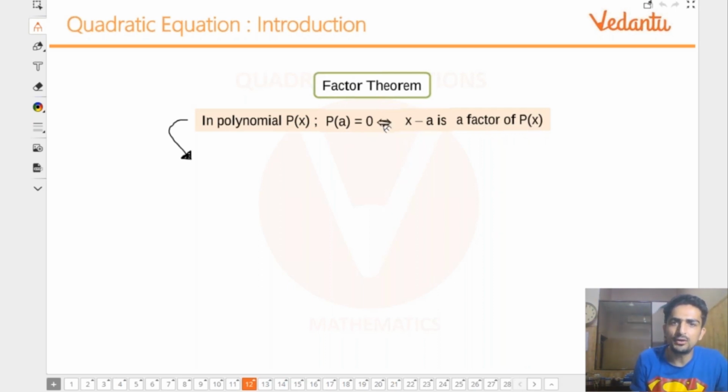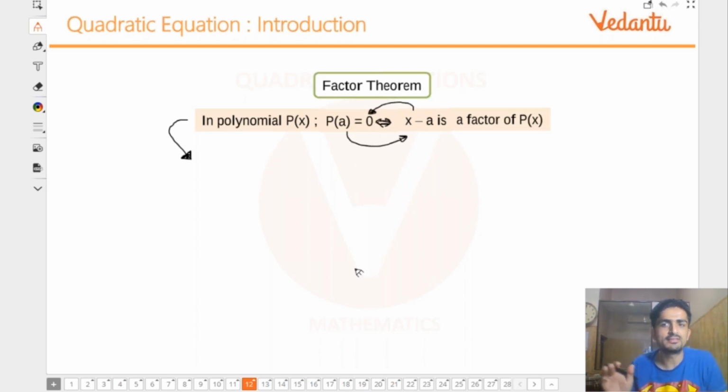Of course, it is if and only if. If and only if means this implies this and this implies this. In polynomial P of x, P of A equal to 0 if and only if x minus A is factor of P of x. This is the statement.